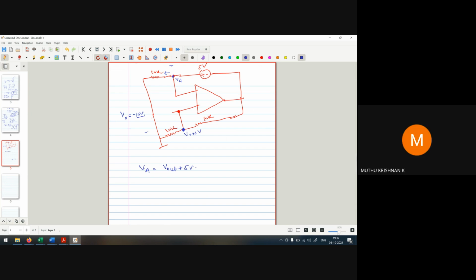Okay, so if I break the loop and increase the voltage, V out increases. That means VA increases. If it increases, are we getting a positive signal or a negative signal? That is dependent on the terminal. Correct. Okay. So if I connect it as a negative terminal, we are getting the negative.